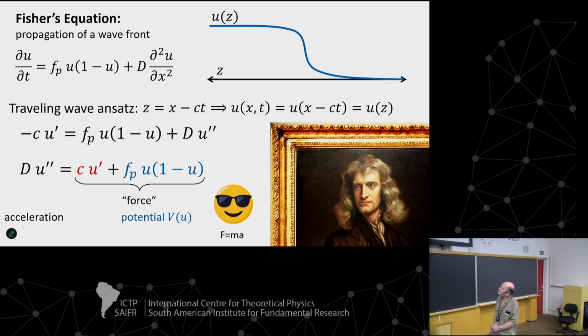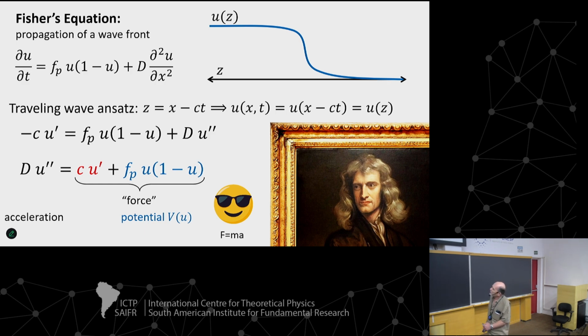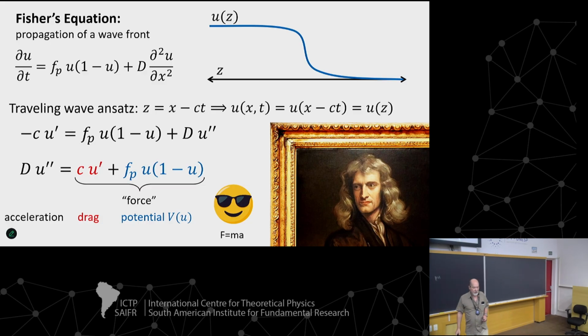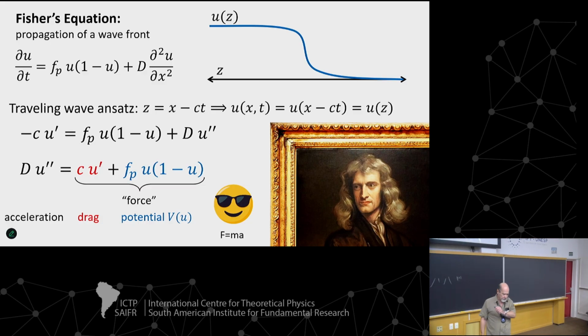The force has two terms, the blue part, the ingestion part, which can be derived from a potential, and a viscous drag depending on the velocity U prime. And c, the velocity of the propagation of the waves, will be the viscosity in this mechanical analog.